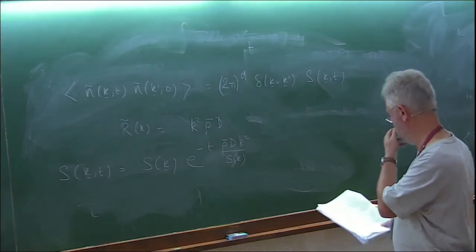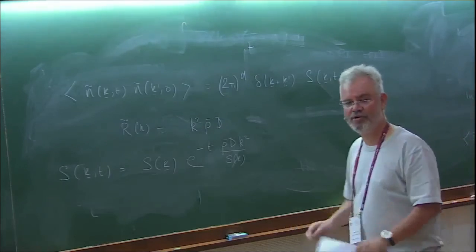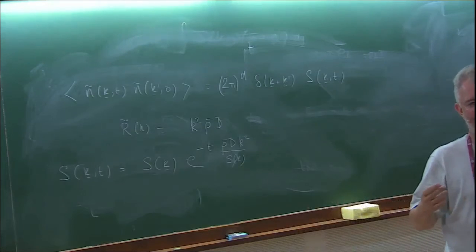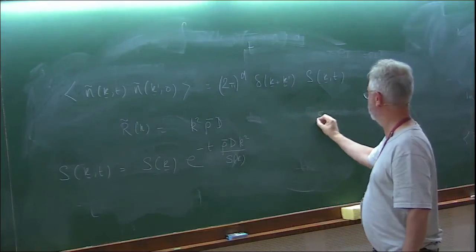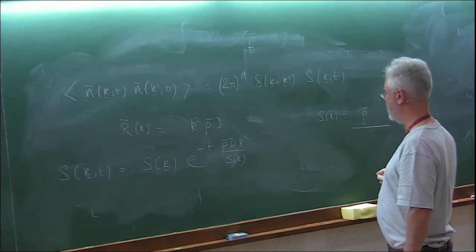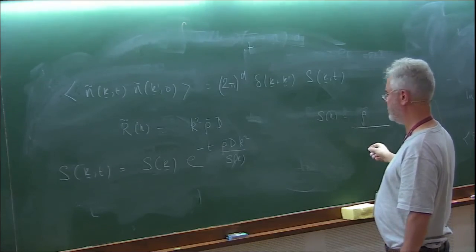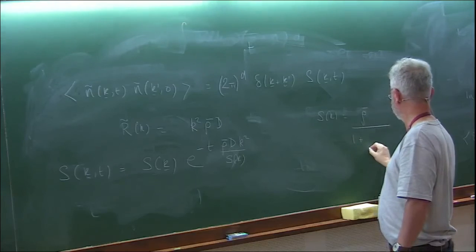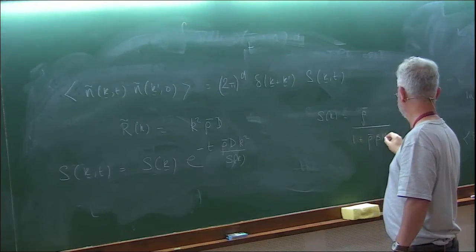Now, I showed you that S of k had an approximation, right? I said that S of k was equal to rho bar divided by 1 plus rho bar beta d tilde of k.